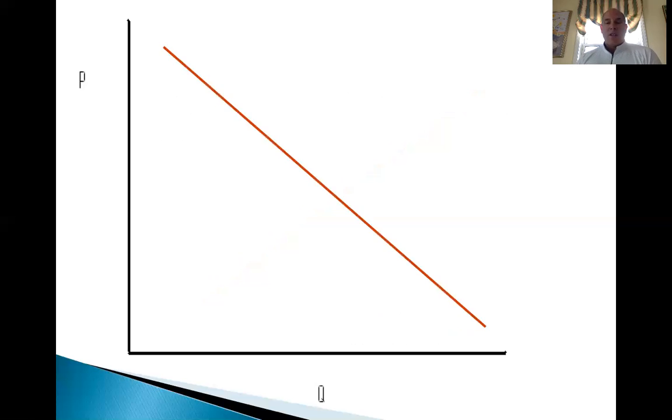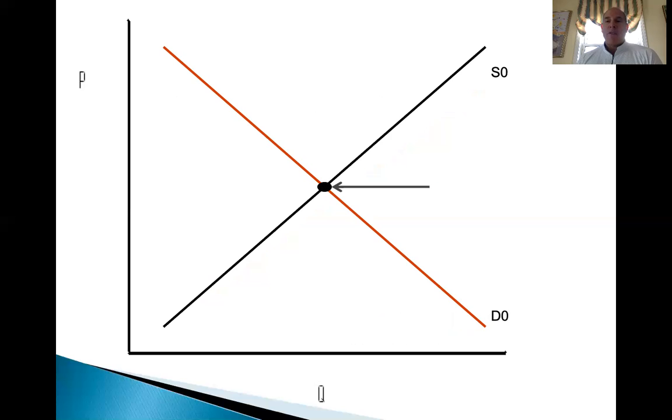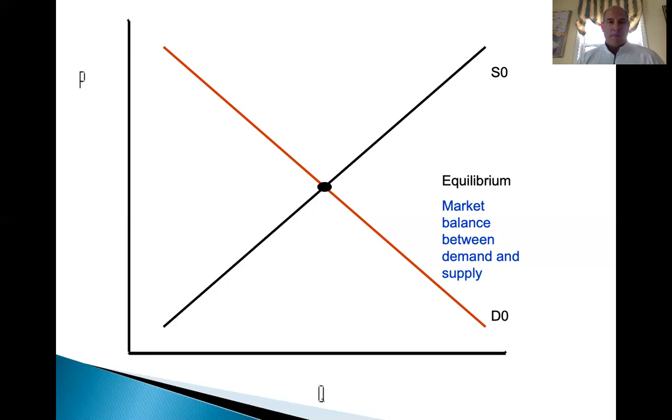So I have D0, and then I have S0, and where those two interact, where they are in perfect balance, is here. That's what we're striving for in a perfect situation. We're maximizing efficiency. We are using enough resources to meet the demand. We don't have shortages and we don't have a surplus. Here you have equilibrium, market balance between demand and supply.